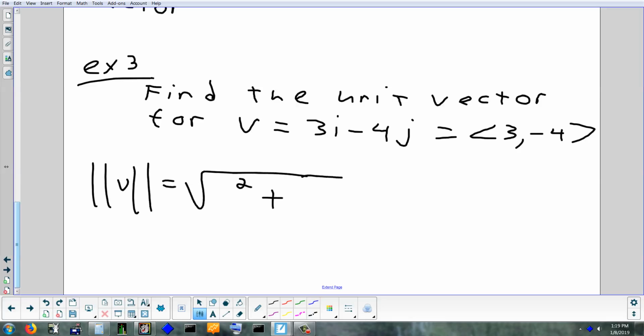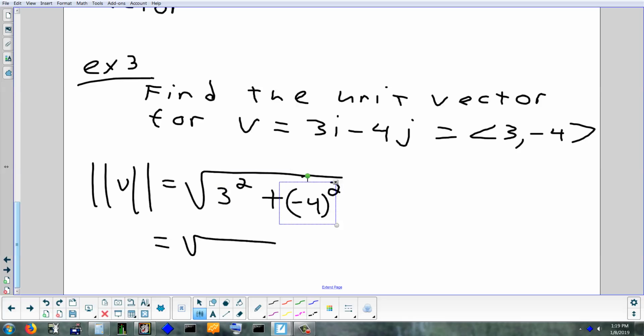Plus, and then we're going to square 2 things. Dan, what's the first thing that I'm going to square? 3. And what's the second thing? Yep. Doesn't really matter if you square the -4 or +4, it's all going to come out the same. All right. 3 squared is 9, -4 squared is 16.